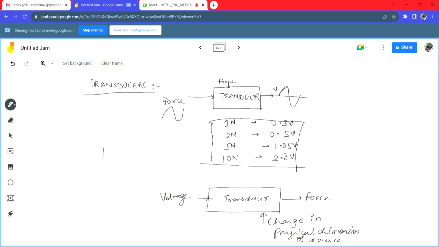Let us say we have a cube, cuboid rather it should be called. So now if I am applying force on this surface of the body, what will happen is a compression will start along this axis.